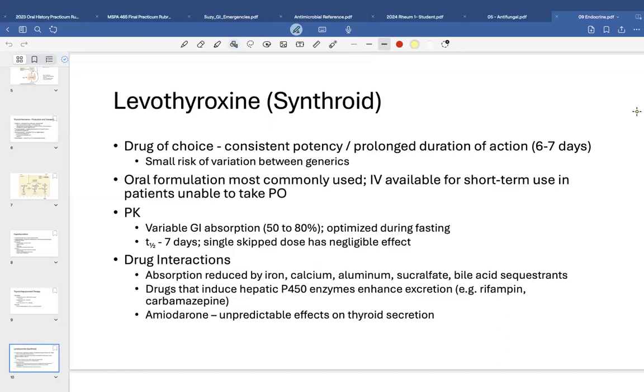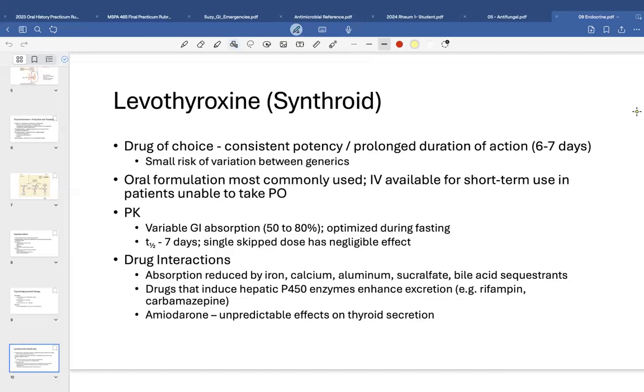Amiodarone, if you know it chemically, has two iodine atoms. You can kind of see the iodine in the generic name of amiodarone. So it has lots of unpredictable effects when it comes to causing thyroid disorders itself and then interacting with levothyroxine.